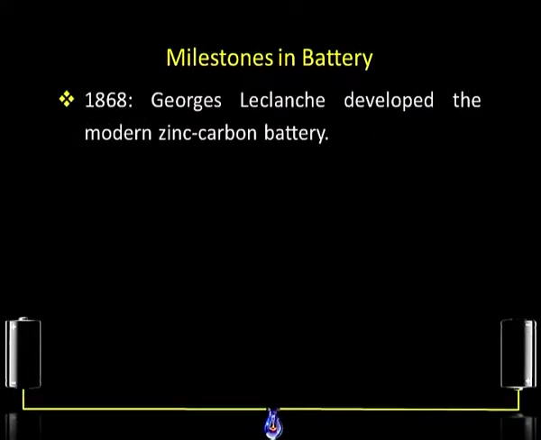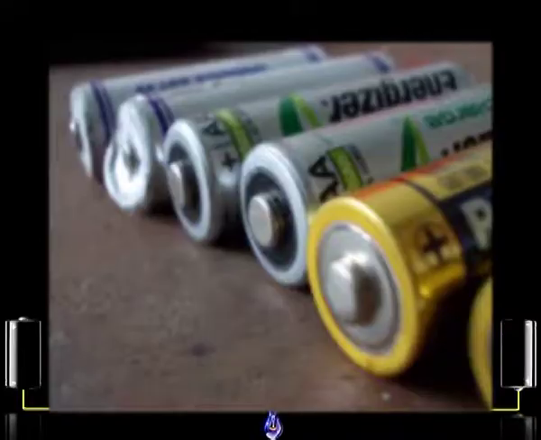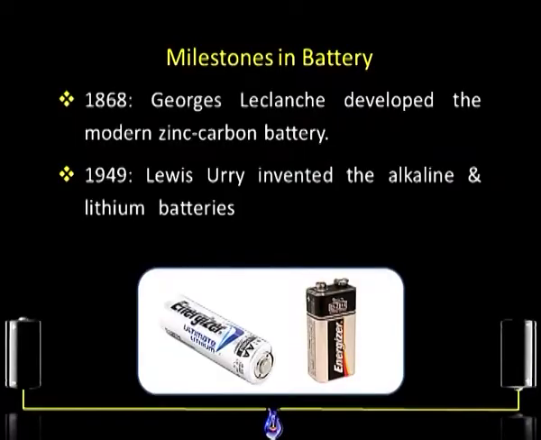Then in 1868, the modern zinc carbon battery, also known as the Leclanche battery, was developed by the scientist George Leclanche. Nowadays, the alkaline or lithium batteries we use in remotes, computers, telephones, mobile phones, toys and other applications were invented by Louis Urey in 1949.